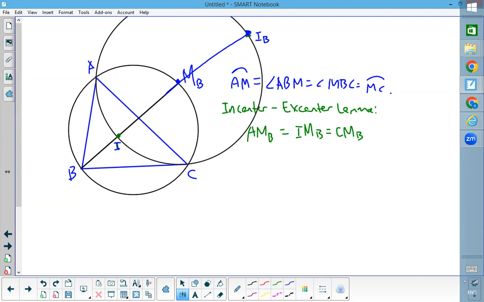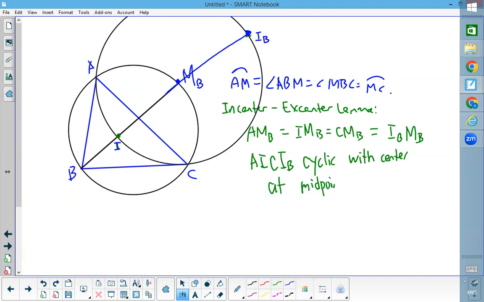The idea is to show that the angles are equal, and then you can also show that this is also equal to M I_B. So another way to say this is we have A, I, C, and I_B as a cyclic quadrilateral with center at the midpoint of the arc AC.